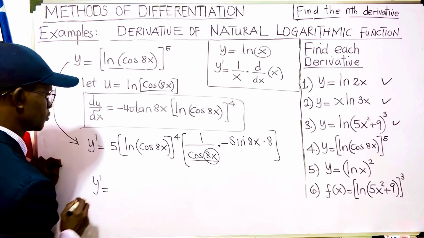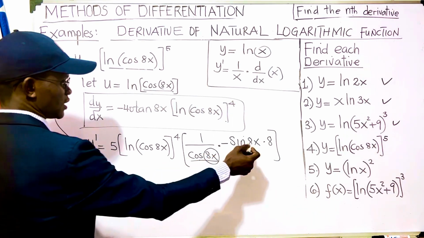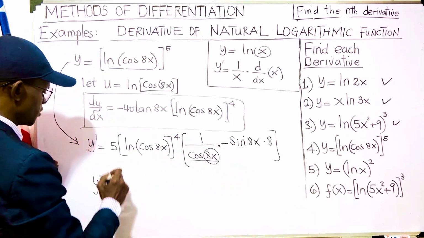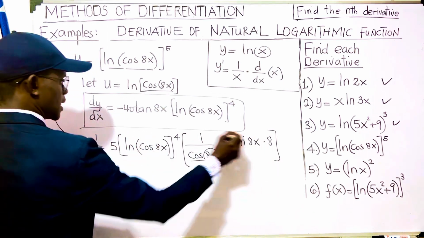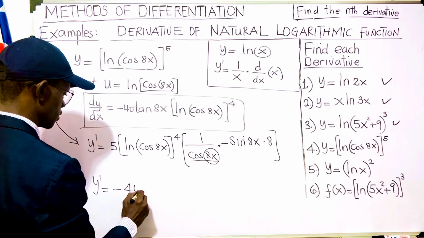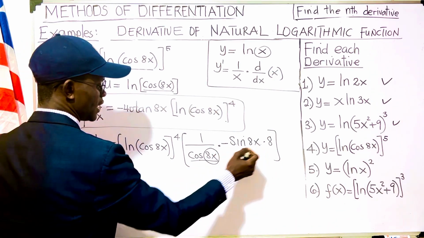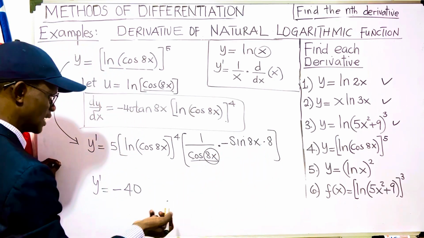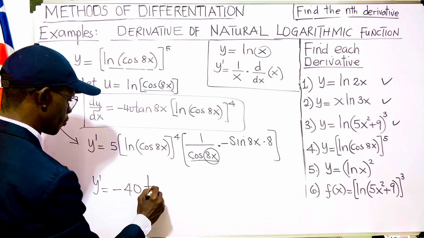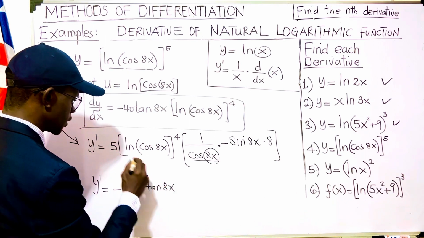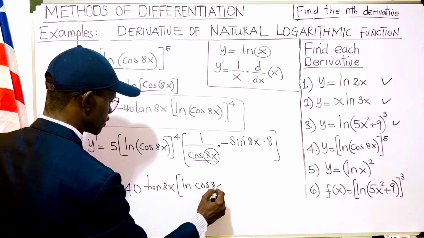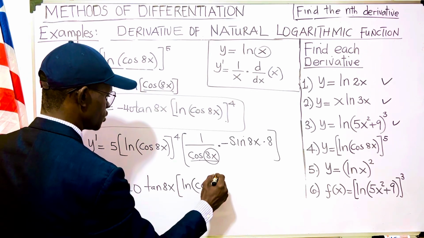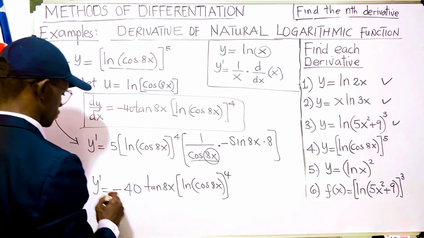The negative comes outside, 5 times 8 is 40, sine of 8x divided by cos of 8x is tangent, and then ln of cos of 8x raised to the power 4.